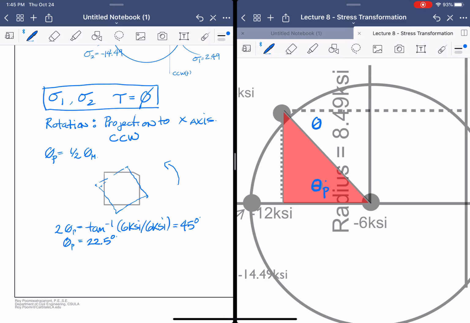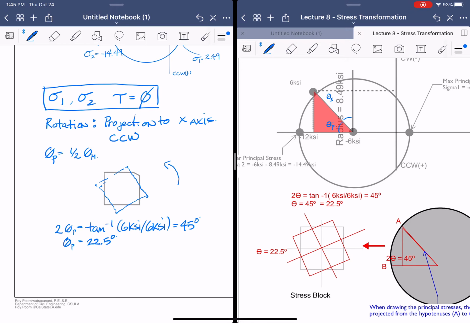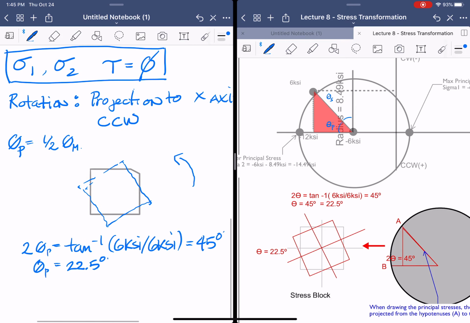That's theta S, or tau, I don't know, but the idea is that one angle is here and the other angle is there, right? So you solve for one, you solve for both. Okay, and so that theta in that direction is equal to 22.5 degrees.